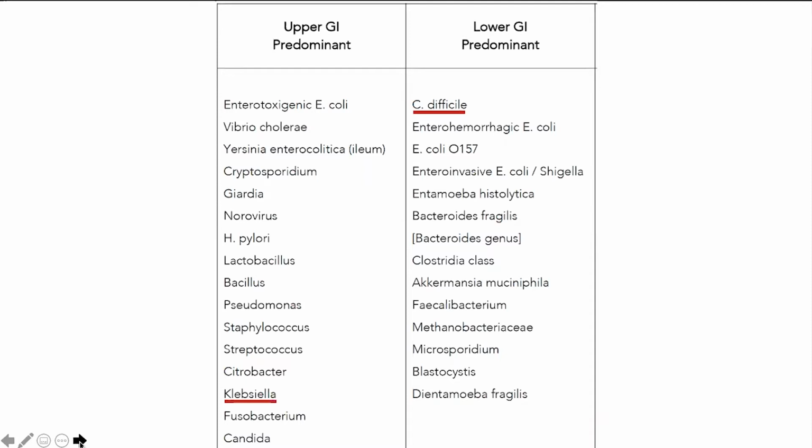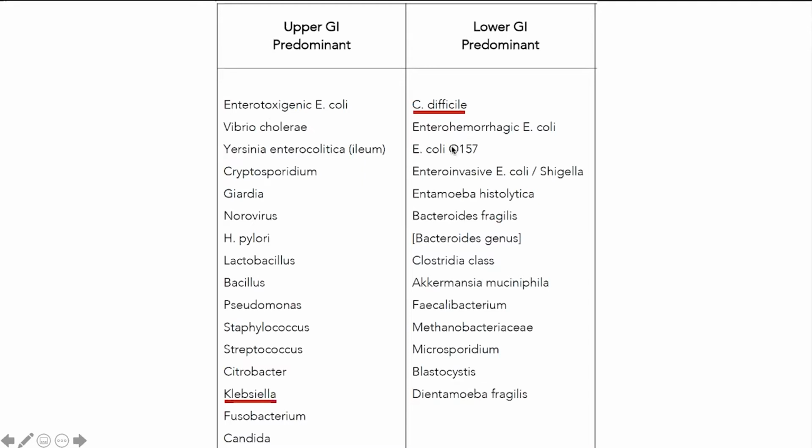Yeah. So this is a summary of markers on GI-MAP based on research that indicates where they're predominant in the GI tract. We just broke it down between upper GI and lower GI, with the upper GI being on the left, and the lower GI being on the right.